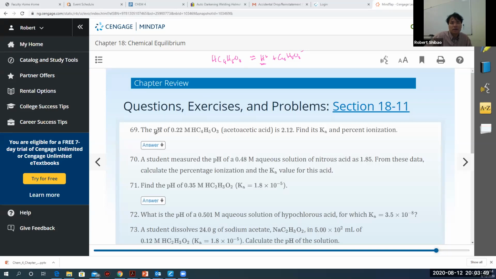So they're saying the acid is 0.22 molar, and the pH is 2.22. This is at equilibrium. Then we could figure out the H+ concentration. The H+ concentration is 10 to the minus pH molar. Once we figure out the H+ concentration, the H+ concentration should be the same as this anion concentration.